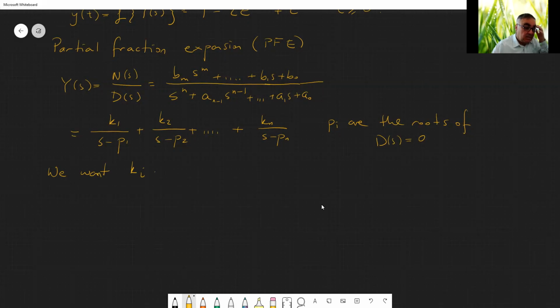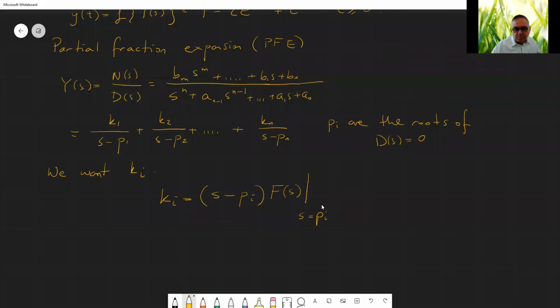Now the problem is you can do it by equating the numerators and denominators, but there is an easier way, which I will show here. If you want, for example, the ith coefficient, what you do is you multiply s minus pi, whatever that pi is, with your Y of s, and you evaluate this at s equals pi.